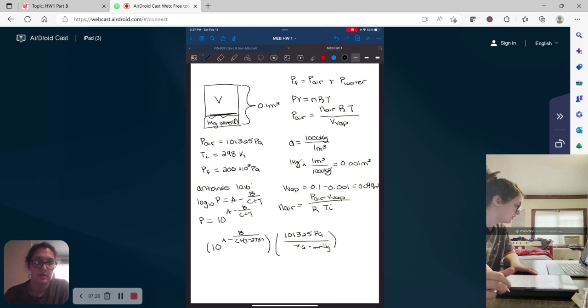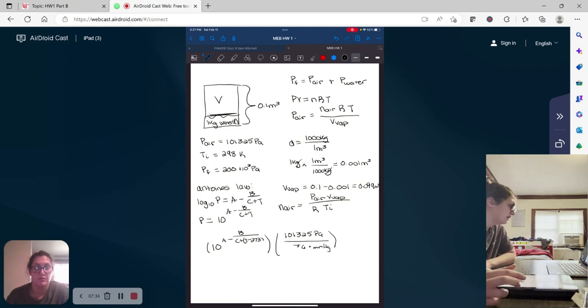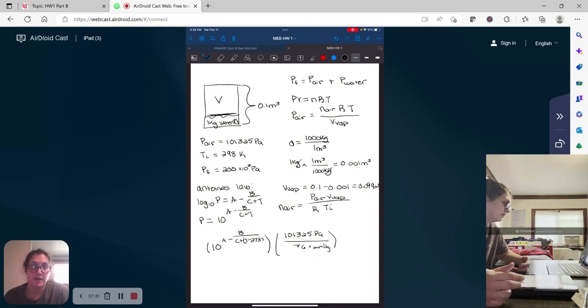And that will give you the partial pressure, or the saturation vapor pressure, in pascals, and you will be able to plug that into our initial equation, which solves for the final pressure. And now we have both components of that equation and are ready to move on to B2.